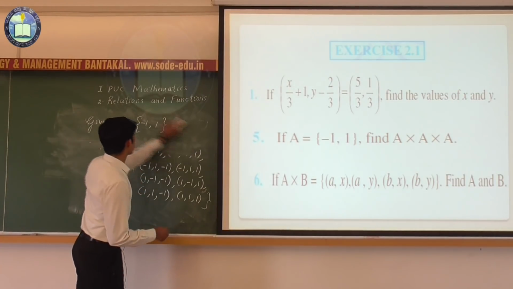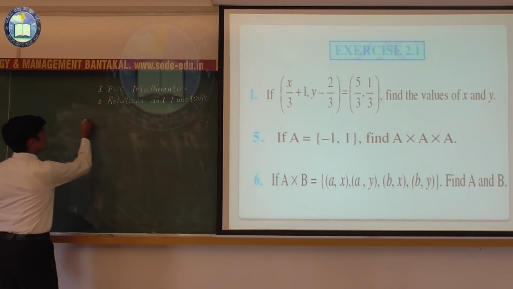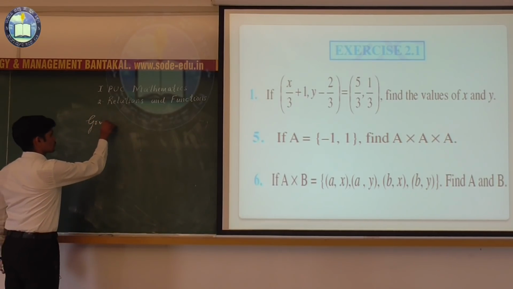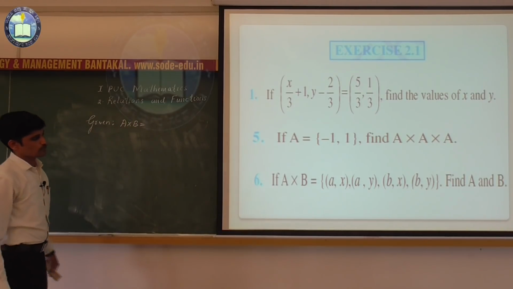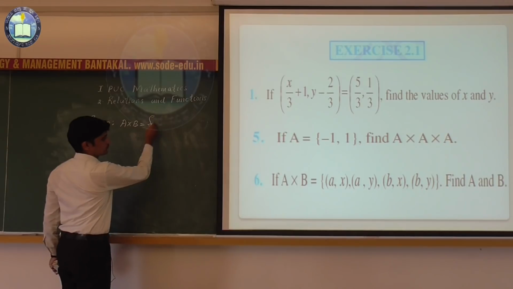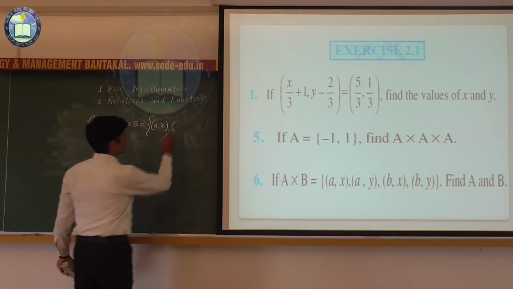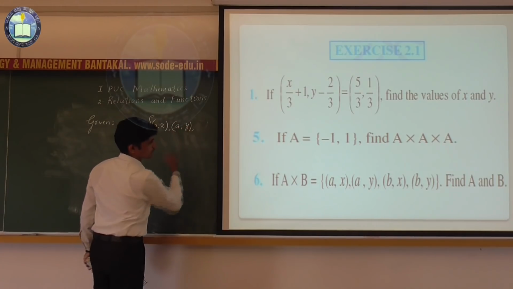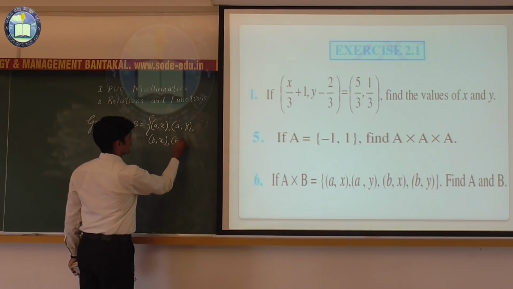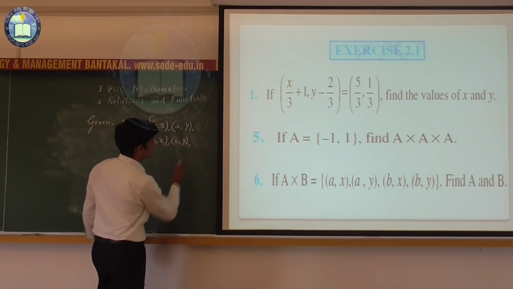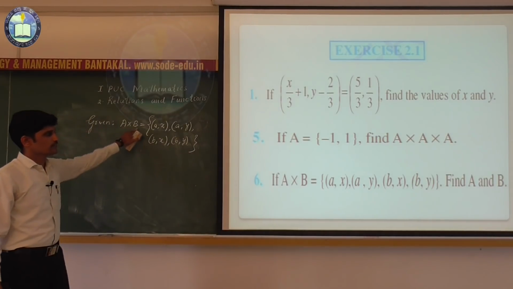So using that concept, we can write set A and set B. The given cross product A cross B is equal to A comma x, A comma y, B comma x, B comma y, which are the elements of the Cartesian product of set A and set B.